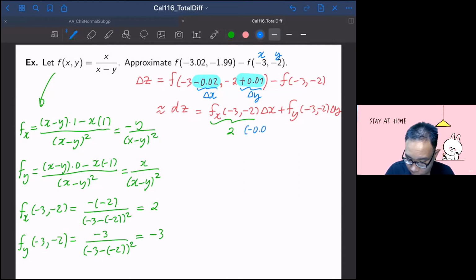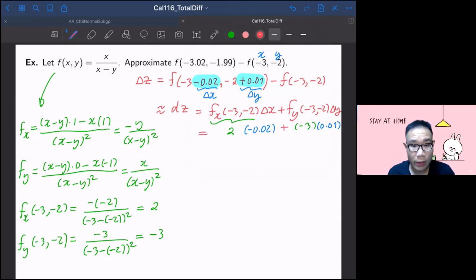And for fy it's going to be negative 3, and delta y is 0.01. Okay, and you're going to just sum them up. So it's going to be plus, and this guy will be equal to.